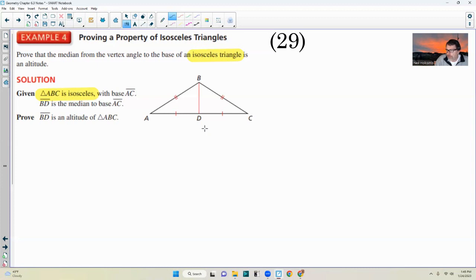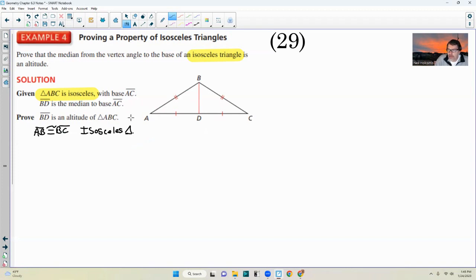The first thing we want to do is note that legs AB and BC of an isosceles triangle are congruent. So AB is congruent to BC, and the reason is because it's an isosceles triangle.